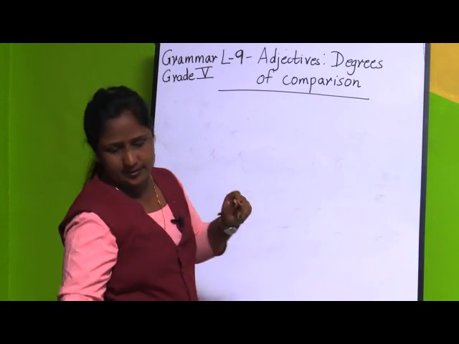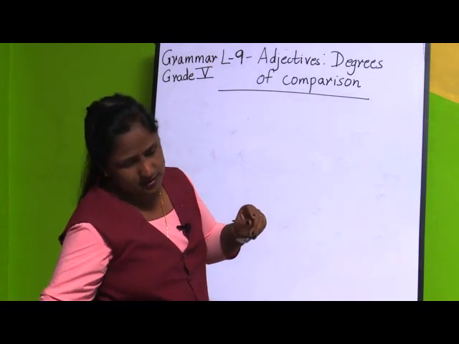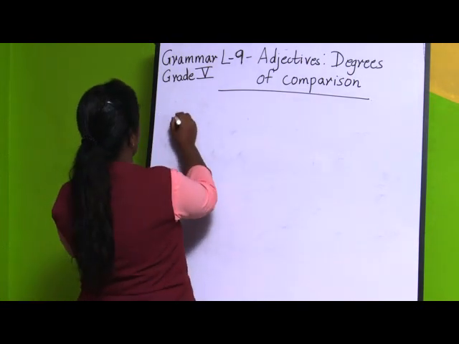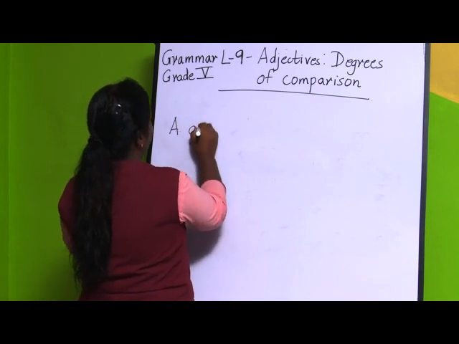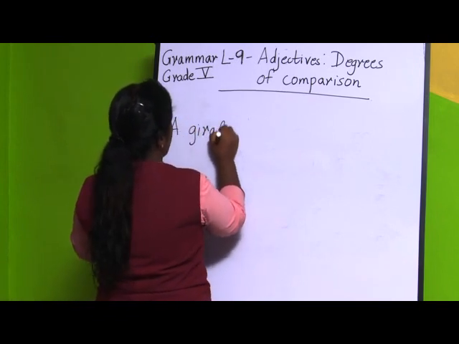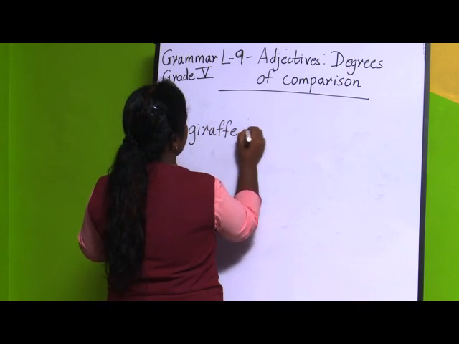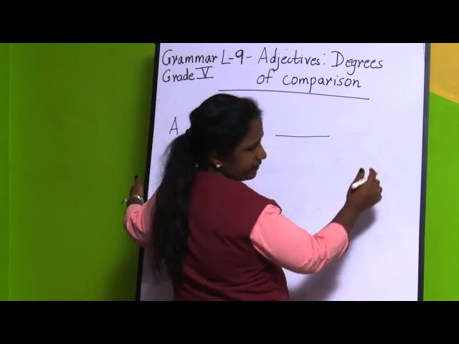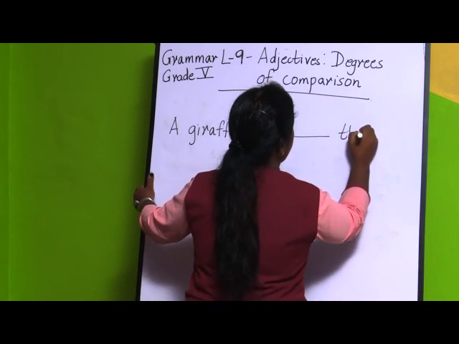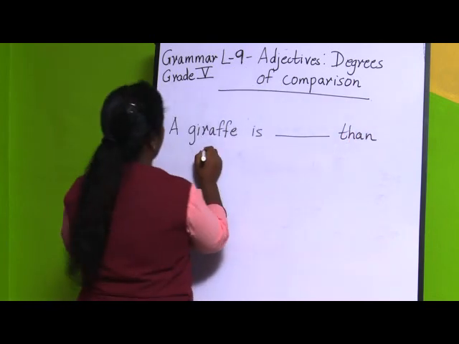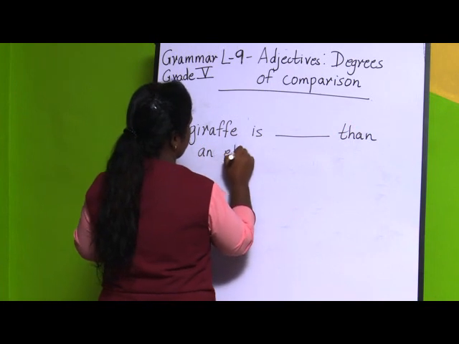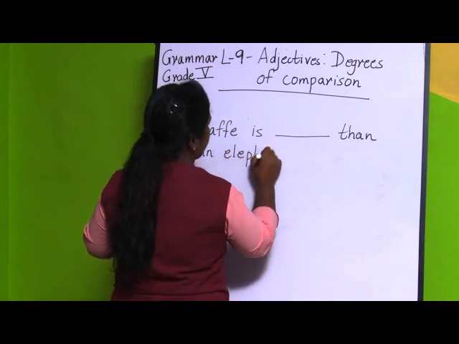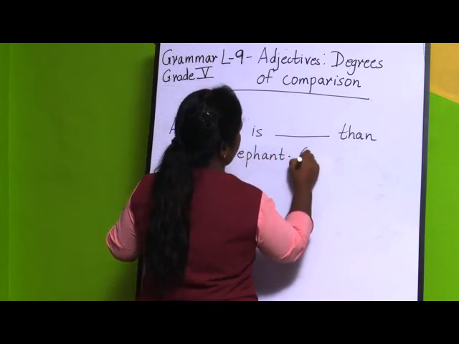See, if you take like this, a giraffe is dash than an elephant, in the bracket they have given tall.